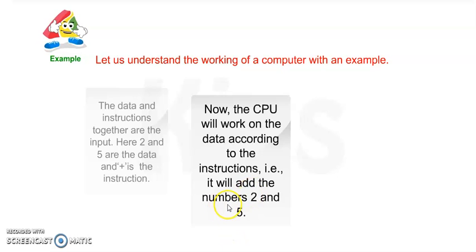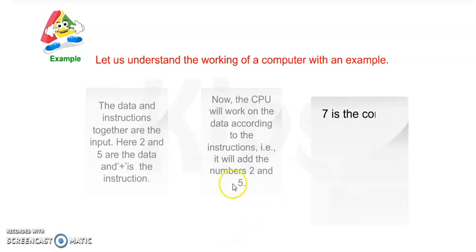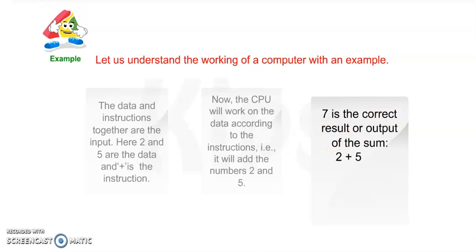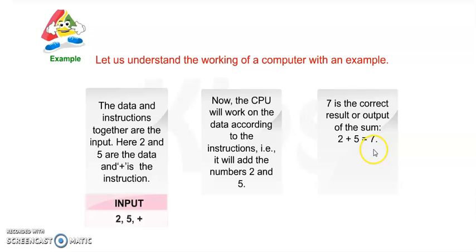We will add the numbers 2 and 5. This is the processing. Now 7 is the correct result or output of the sum. This is the output. 7 is the result or output of the input. 2 plus 5 equals 7.